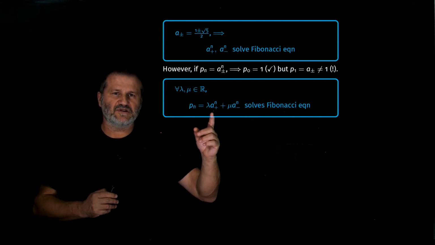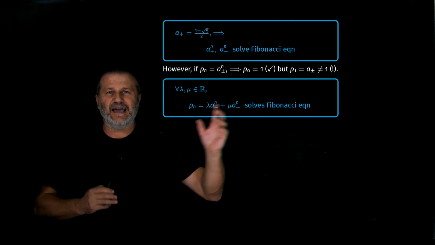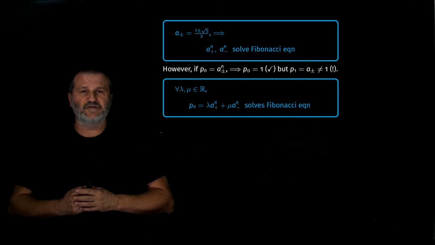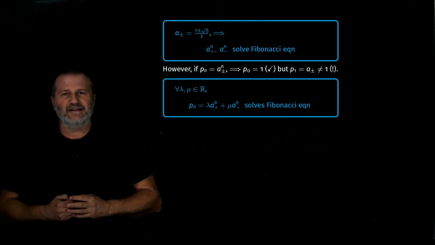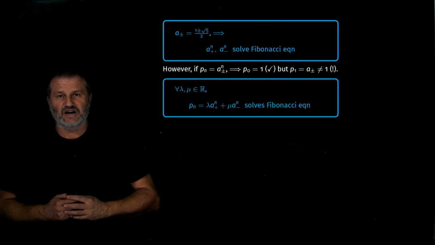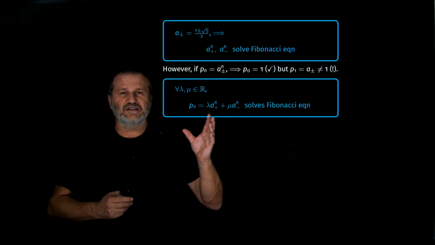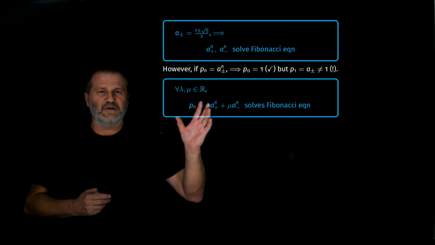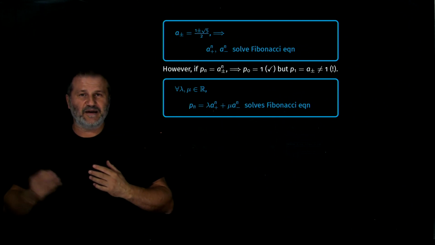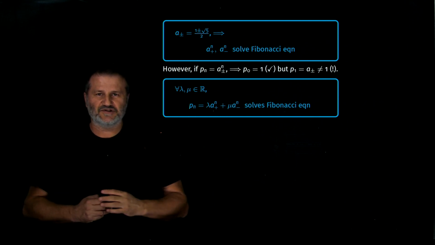You have to use, of course, the fact that a plus to the power n and a minus to the power n are both solutions of the Fibonacci equation, and then you will figure out that also Pn is a solution of the same equation. Now this tells us that there are not just these two solutions for the Fibonacci equation, but infinitely many solutions. For every couple lambda, mu, we have a different solution.